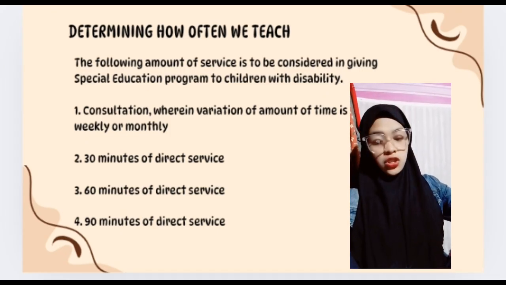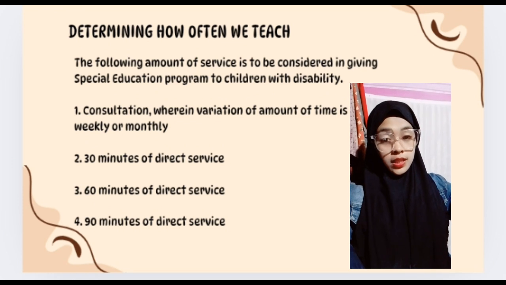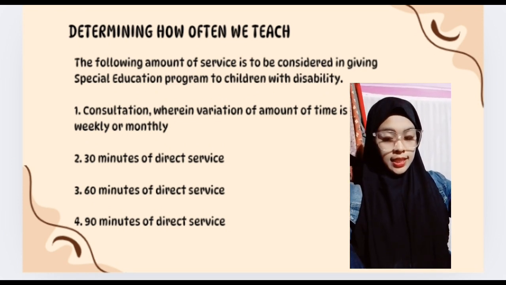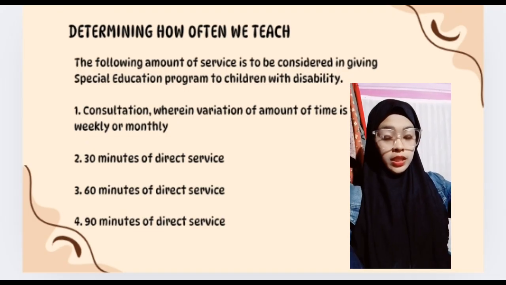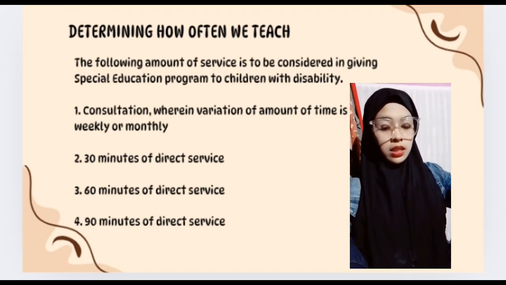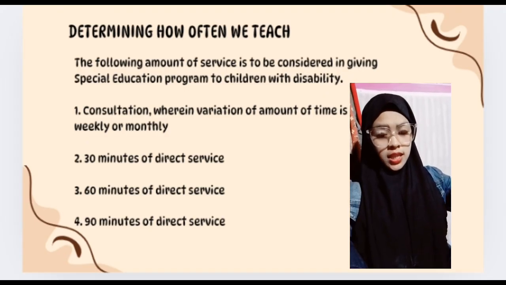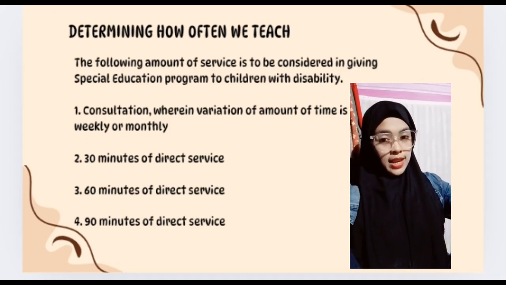First is consultation. These are the meetings to discuss the child's progress. Second is 30 minutes of direct service, 60 minutes of direct service, and 90 minutes of direct service. Those are the hands-on instruction provided directly to the students.